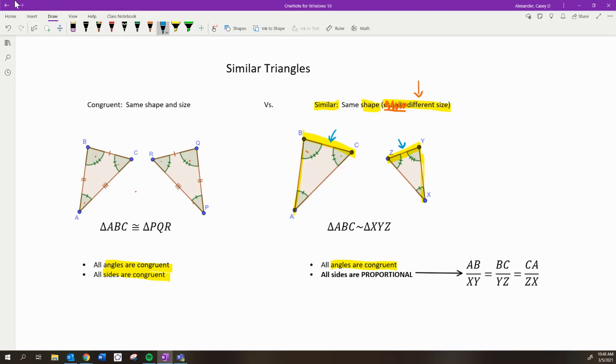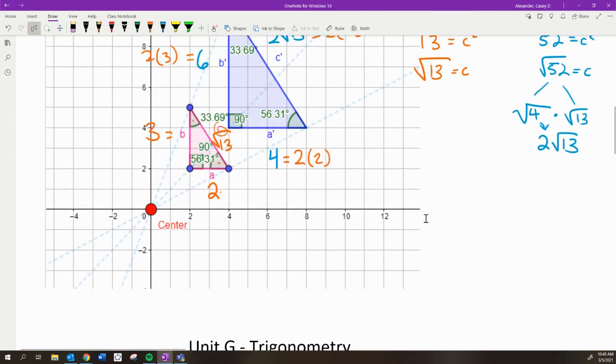And if we want to go back and look at the examples that we did up here, taking, for instance, side A was 2, and side A prime was 4. Side B was 3, and side B prime was 6. Those two proportions are equivalent. And in fact, we could do side C was root 13, and side C prime was 2 root 13.